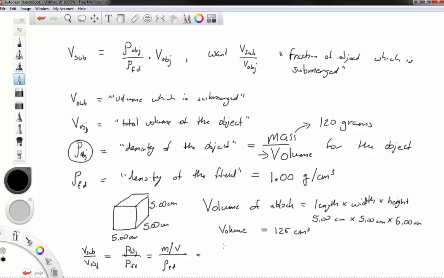So that looks to me like what we have is 120 grams divided by 125 cubic centimeters, and then all of that is divided by 1.00 grams per cubic centimeter.